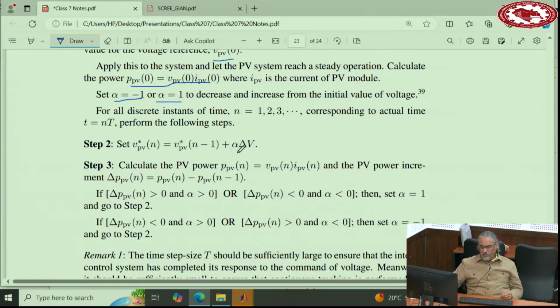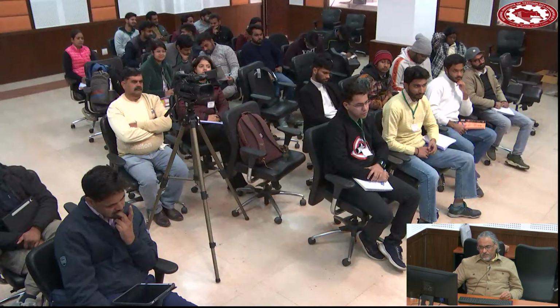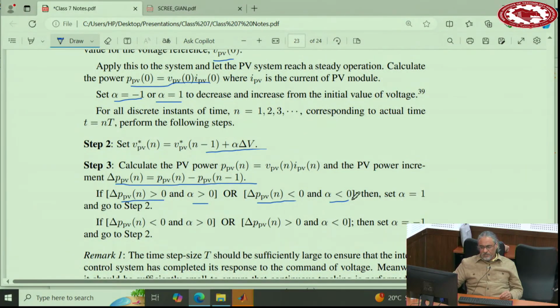Every time you perturb the voltage by either increasing or decreasing it, and then observe the power and see how much power changed. If power increased while you increased the voltage, or if the power decreased when you decreased the voltage, that means you are on the left side.